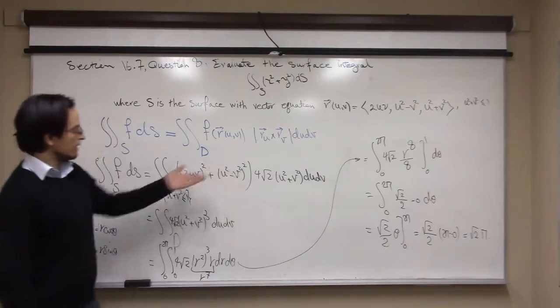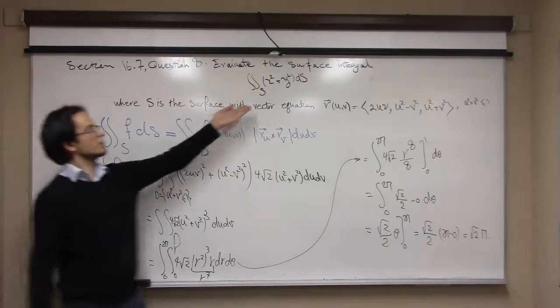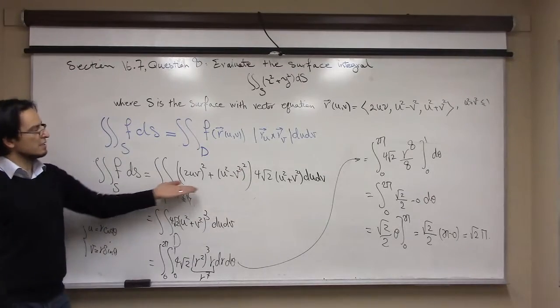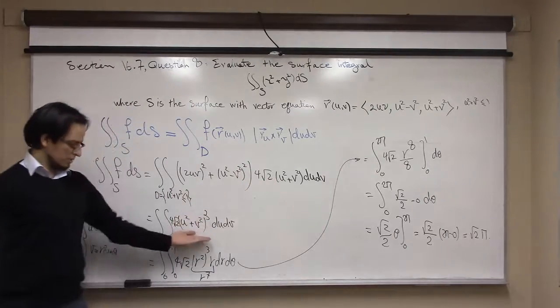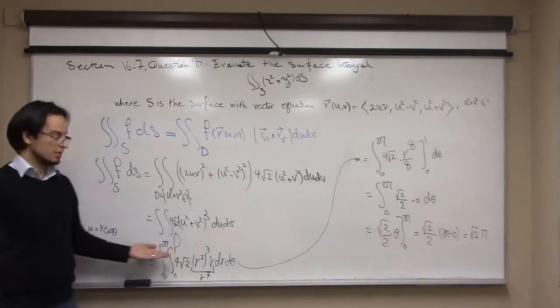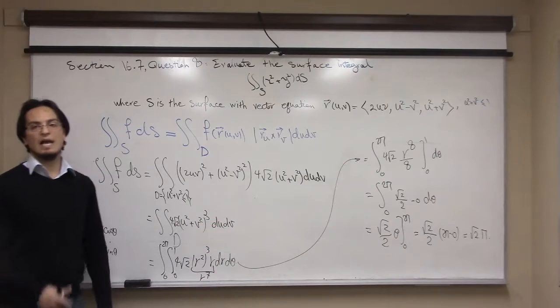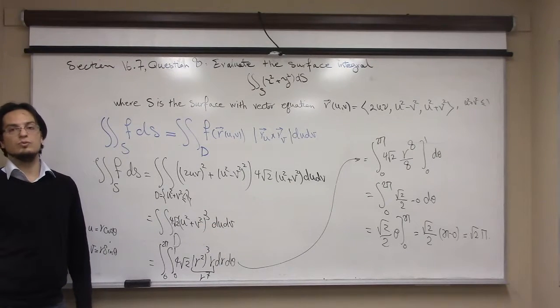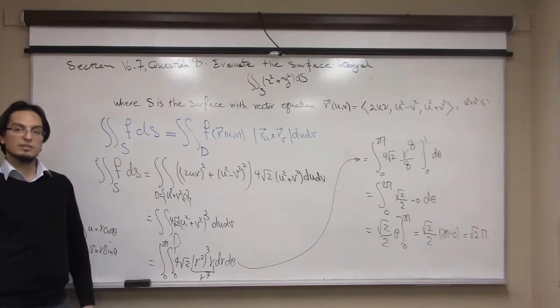We applied all these things, and our integral here changed to this integral, this is a double integral. But to evaluate a double integral, I have to make it into an iterated integral.